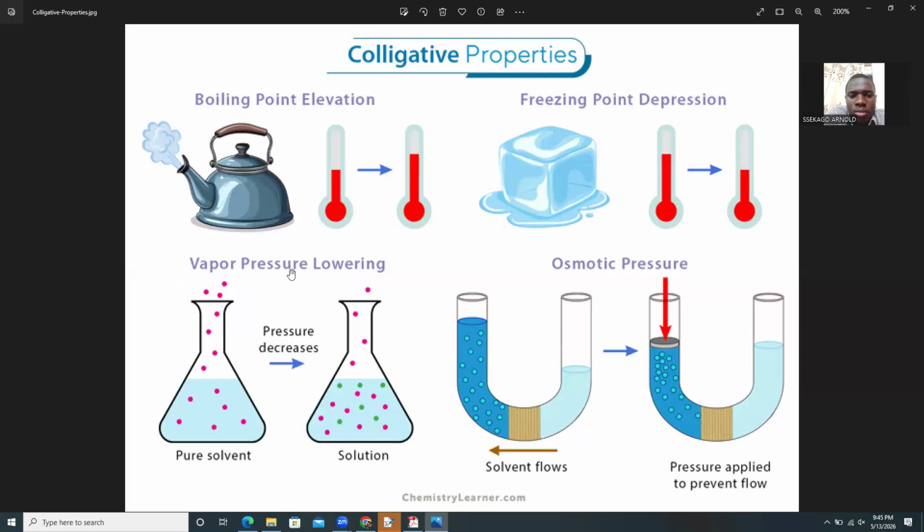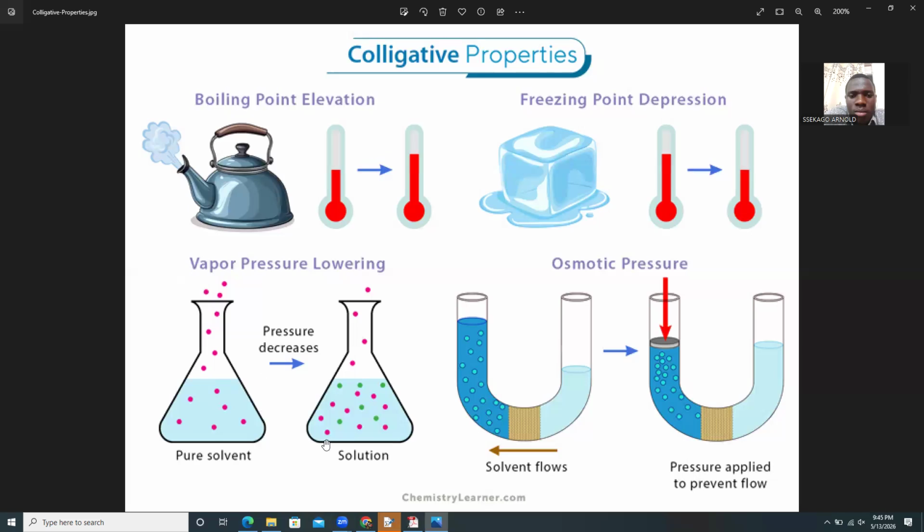Vapor pressure, initially this is what you have. The pure solvent easily escapes when you boil it, if it's not mixed with anything. The solvent molecules easily escape from the solution so that the vapor which is obtained exerts vapor pressure.